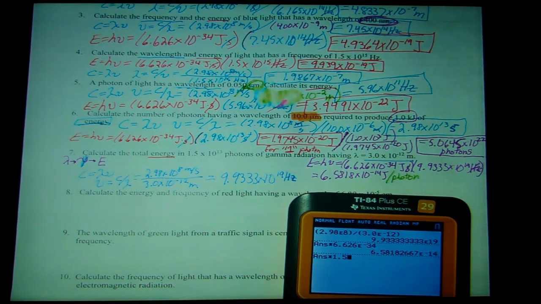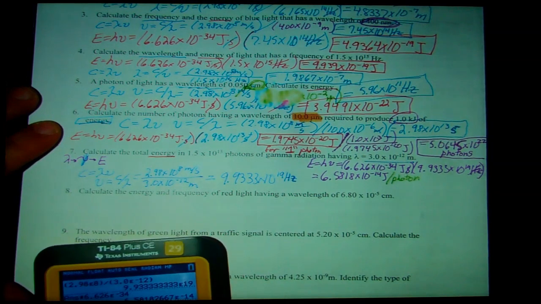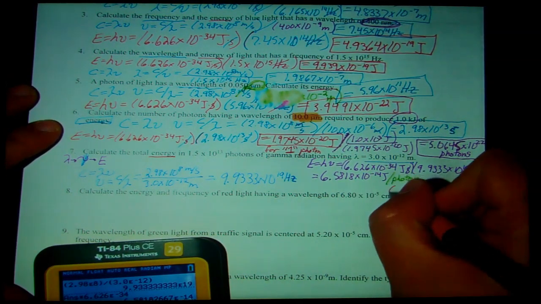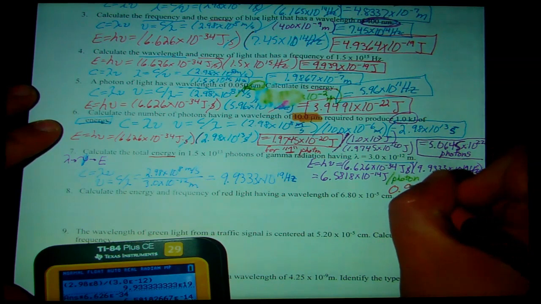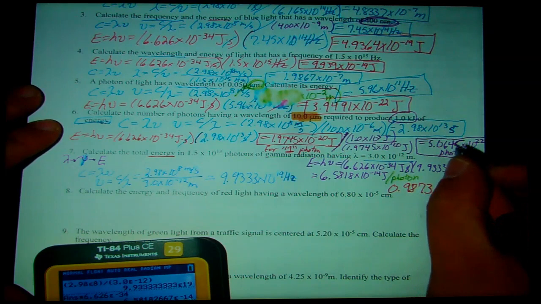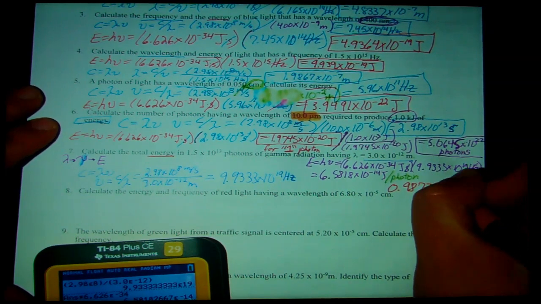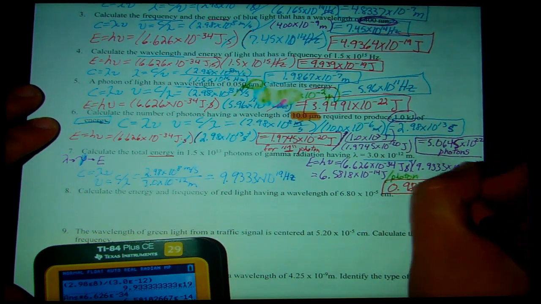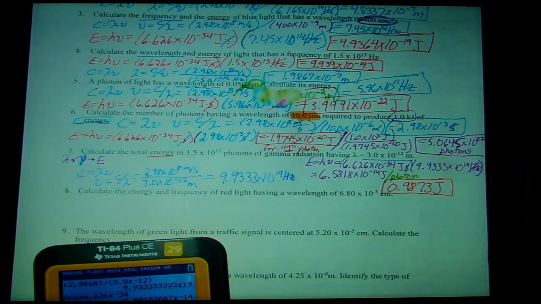So 1.5 times 10 to the 13 gives me 0.9873 joules of total energy. So there's the answer to 7.